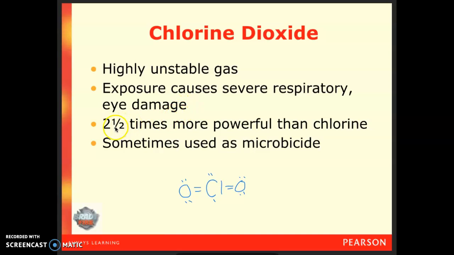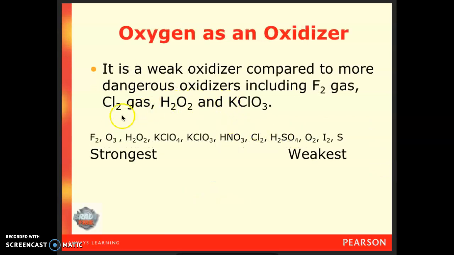As an oxidizer, it is 2.5 times more powerful than chlorine. If you recall from our list of reagents in our last lecture, chlorine is kind of a moderate oxidizer, on the weaker side. So chlorine dioxide fits into this zone a little bit better than chlorine itself.